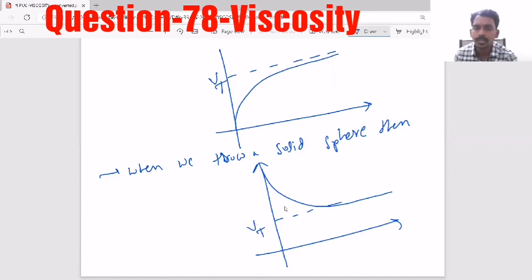So when you give a lesser speed than terminal velocity, it keeps on increasing and becomes constant. If you give more than that, it keeps on decreasing and becomes constant. But at one particular instant, the velocity of the body inside the liquid becomes constant, and that we call terminal velocity. So in that way also you can think about terminal velocity.